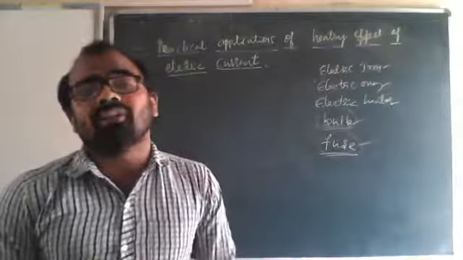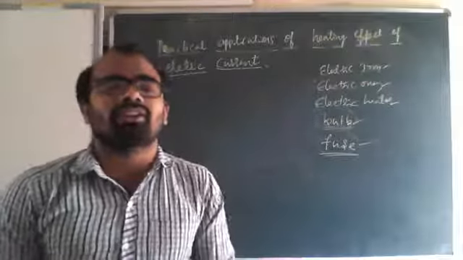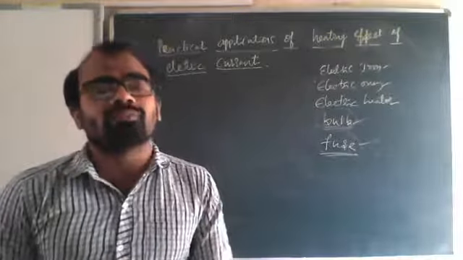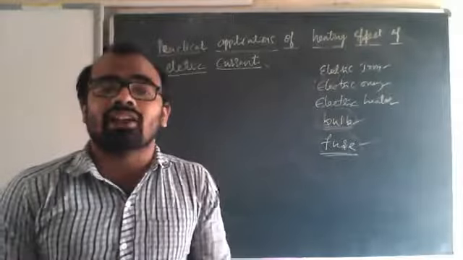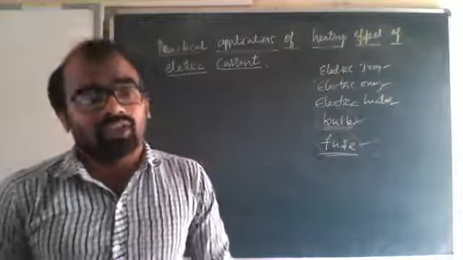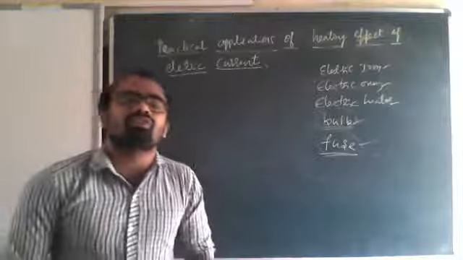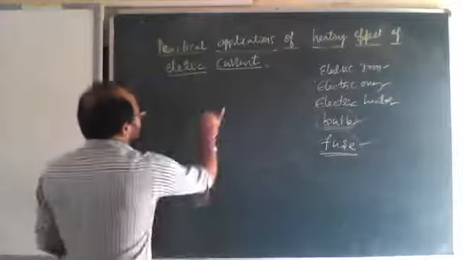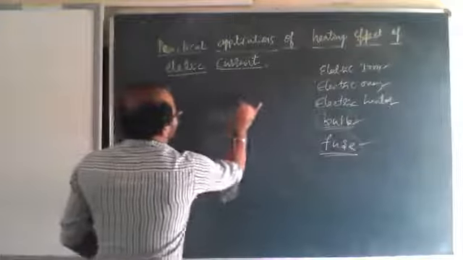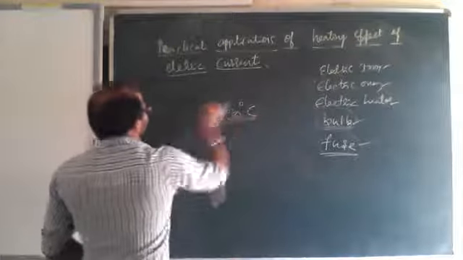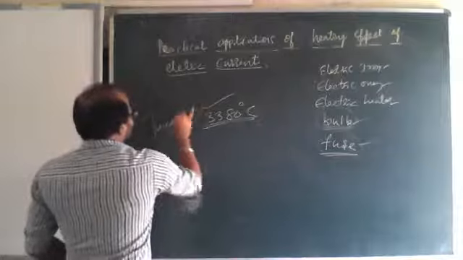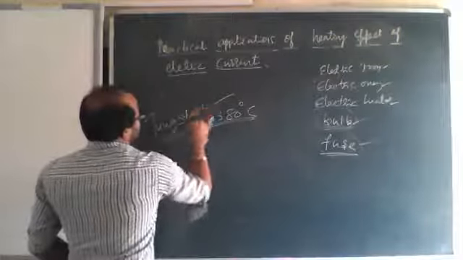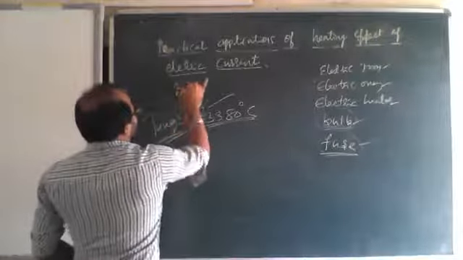If the melting point is low, as more heat energy comes and the temperature increases, the material will melt. That is why tungsten is used, which has a very high melting point of around 3380 degrees Celsius. You have to remember this. In the bulb, tungsten material is used. Okay, so the electric bulb.